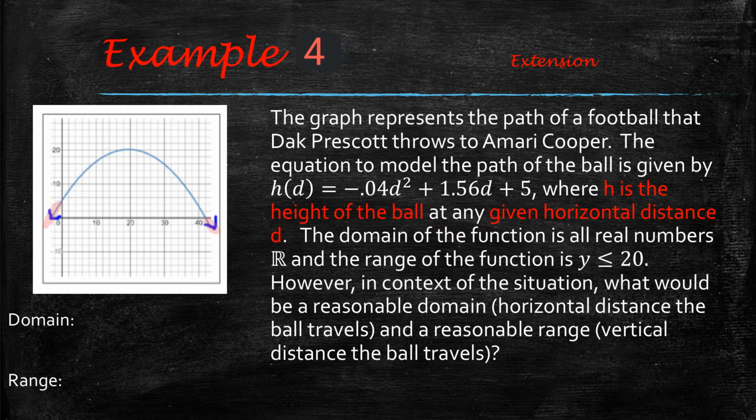Well, if we're looking at the y value, which is h, as being height, we're not going to have a negative height. That doesn't make sense. And then the horizontal distance is d, and again, distance is not going to have a negative value either. So when we're restricting the domain to match this problem, we're really only going to be looking at the positive values.